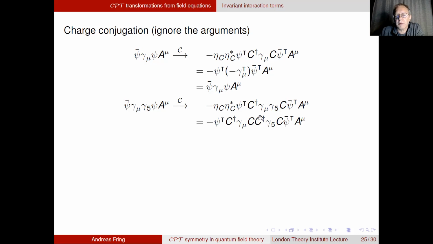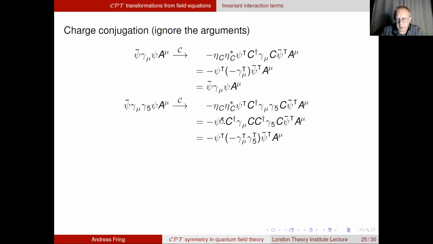Then we can carry out the adjoint action of C, or strictly the conjugate action, C adjoint multiplying gamma mu C, and the same action on gamma 5.